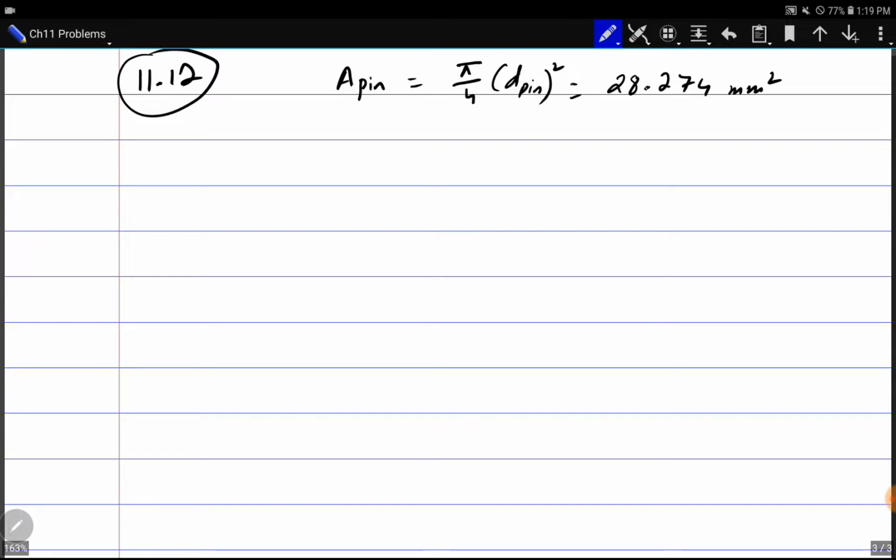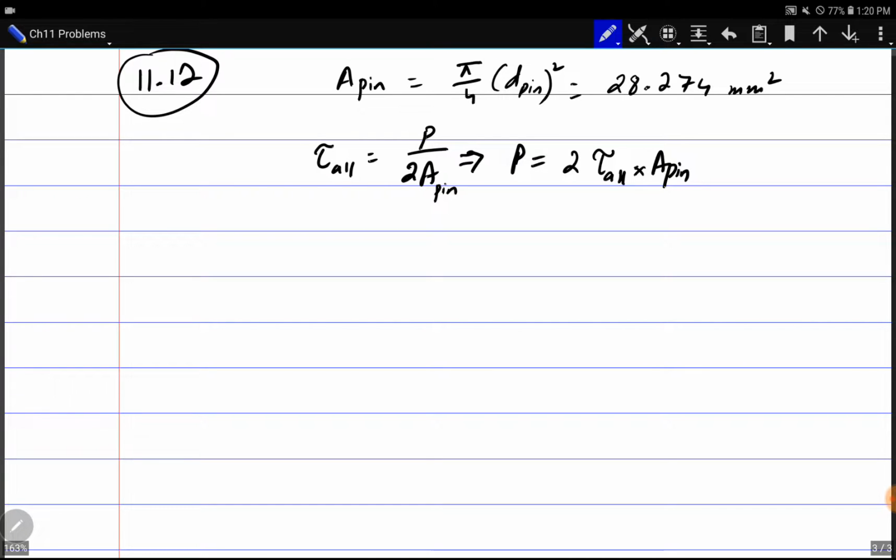Okay, tau allowable is equal to P divided by 2 times area, because there is double shear. I have explained it already. So P will be 2 times tau allowable into the area of the pin.